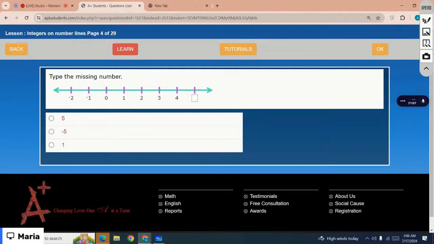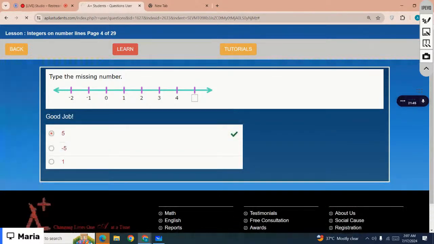So which number is missing? Yes, that is again positive. The number is on the right hand side of 0. So yes, that is positive 5.